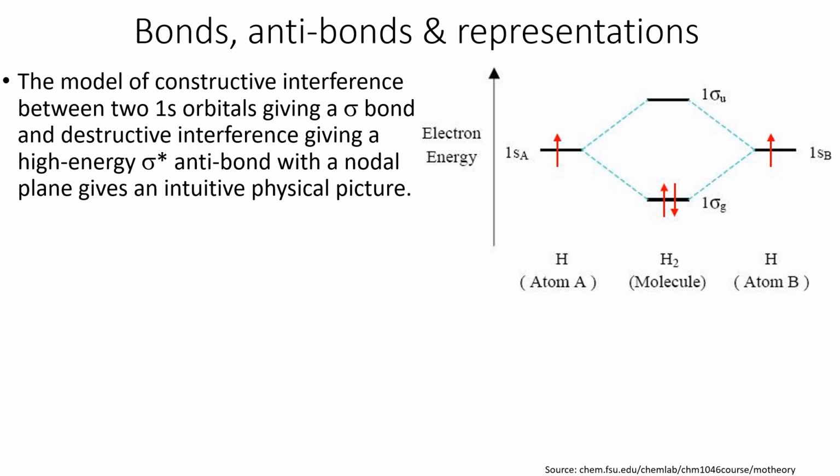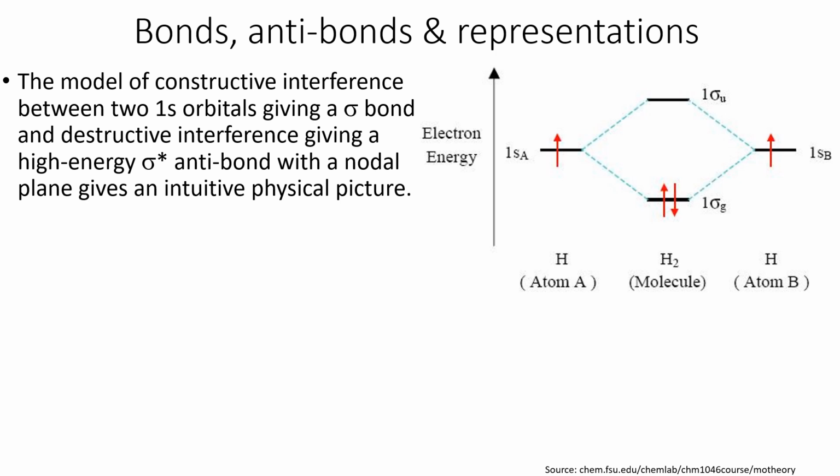And the picture we may have in our mind is this idea of wave constructive and destructive interference. So if we think about the orbitals as standing waves, when the standing waves superpose, we can think of them as having a constructive and a destructive possibility. Where they constructively interfere, that gives you the bonding orbital.